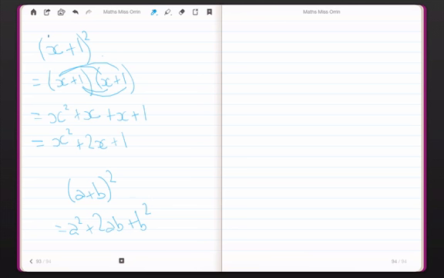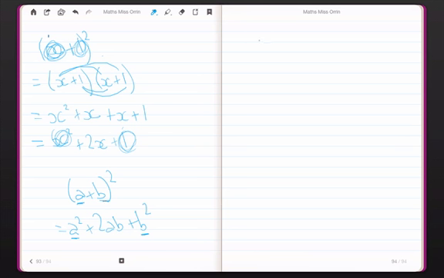So if you have a look at that, we've got a squared, so our x up here became x squared, just like a becomes a squared. We've got ab, so a times b, your x times 1 is x, and we've got 2 of those, don't we? So we have 2 of a times b. We've got 2 lots of 1x. And here we've got 1 squared, which is just 1, which is our b squared.